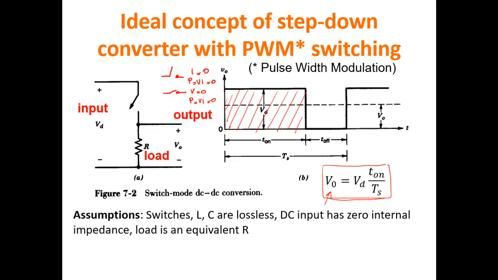In principle, you can take all the power from the input at a non-regulated voltage and move it to the output at the voltage that you want, which you can adjust by adjusting the T on, without dissipating any power in the middle. This is the reason why this type of converter based on switches has become so popular.